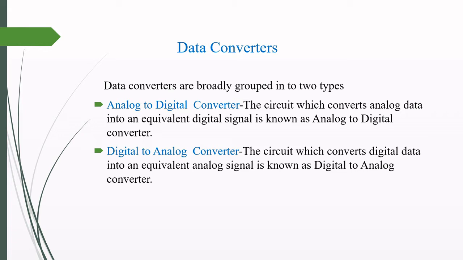There are basically two types of data converters, analog to digital converter and digital to analog converter. The circuit which converts analog data into an equivalent digital signal is known as analog to digital converter or A to D converter. The circuit which converts digital data into an analog equivalent signal is known as digital to analog converter.